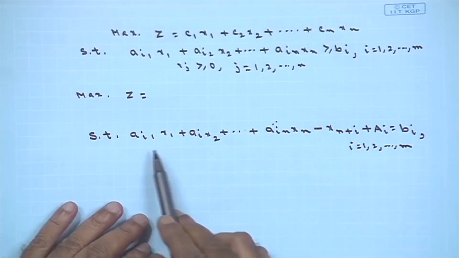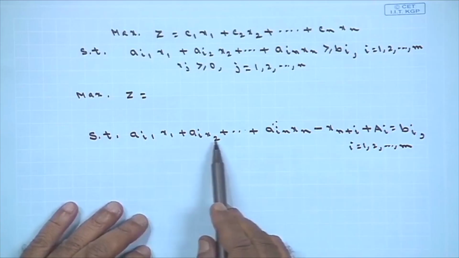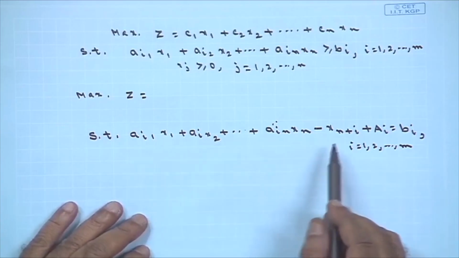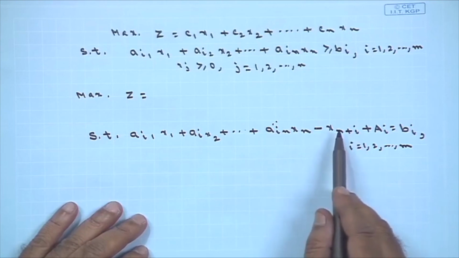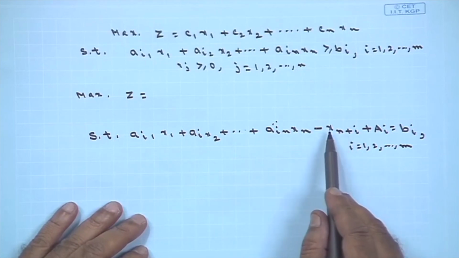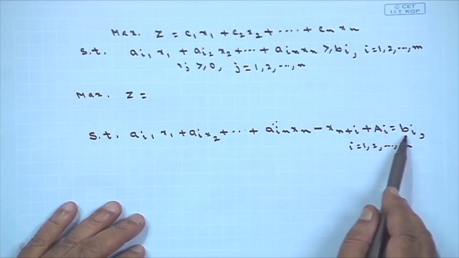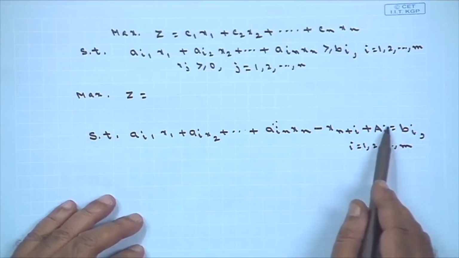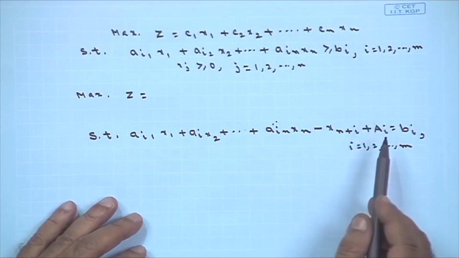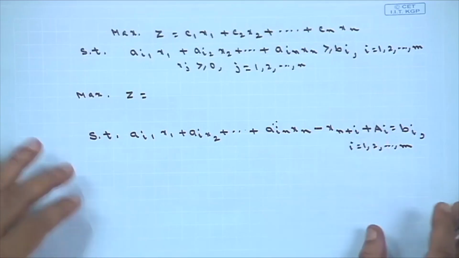For this expression ai1 x1, ai2 x2, plus ain xn, I am subtracting one surplus variable to make it equality, but since the value is negative, I am adding one artificial variable ai over here, which equals bi. I will take ai in such a fashion that it will go out.